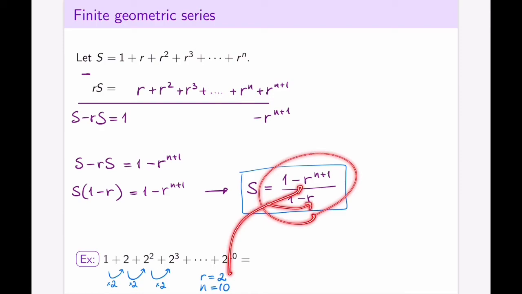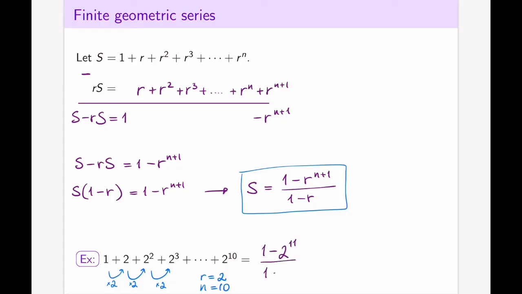R equals 2 goes in, n equals 10 goes in, and altogether I'm going to have 1 minus 2 to power 11, because I have n plus 1, over 1 minus 2. Now, of course, I can simplify this expression a little bit, especially because on the bottom I have something fairly simple looking. So altogether, I will have 2 to power 11 minus 1.